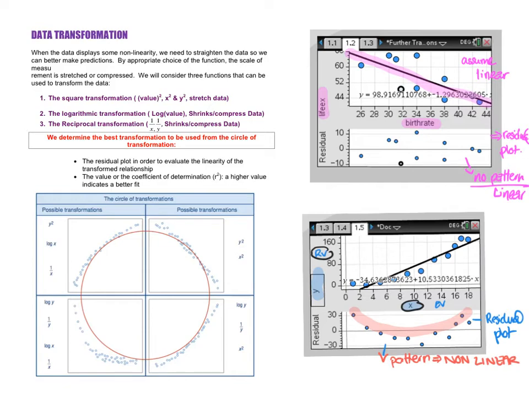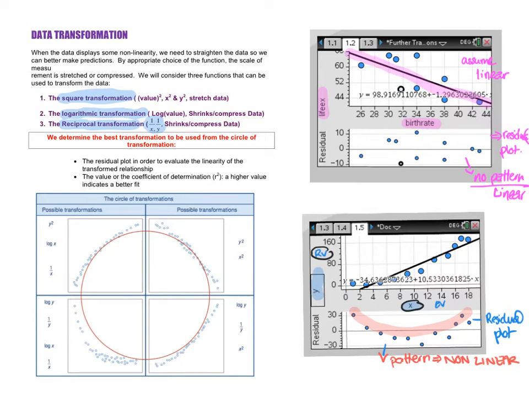We could square them, so we could do an x squared list versus y, or a y squared list versus x. That's called a square transformation. Another change we could do is where we log all the values, and another one is the reciprocal. Just take note, the reciprocal is when you say 1 over, so 1 over x or 1 over y.